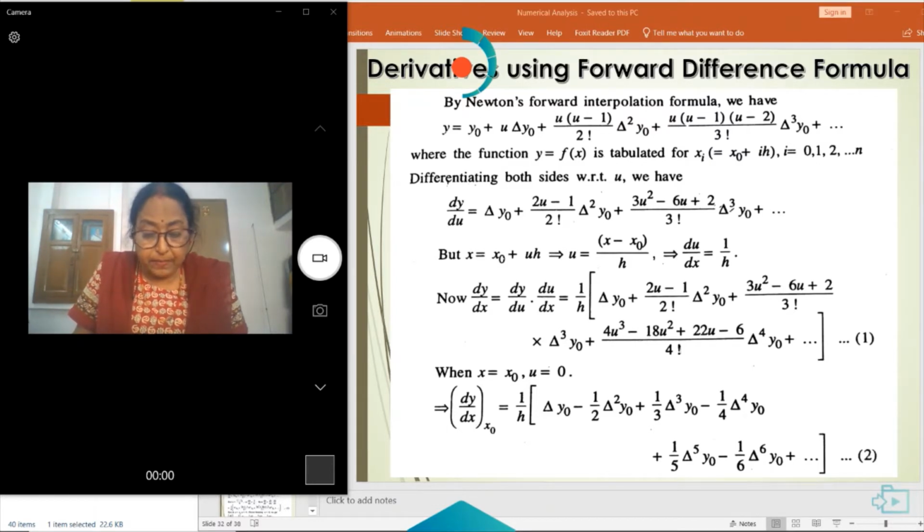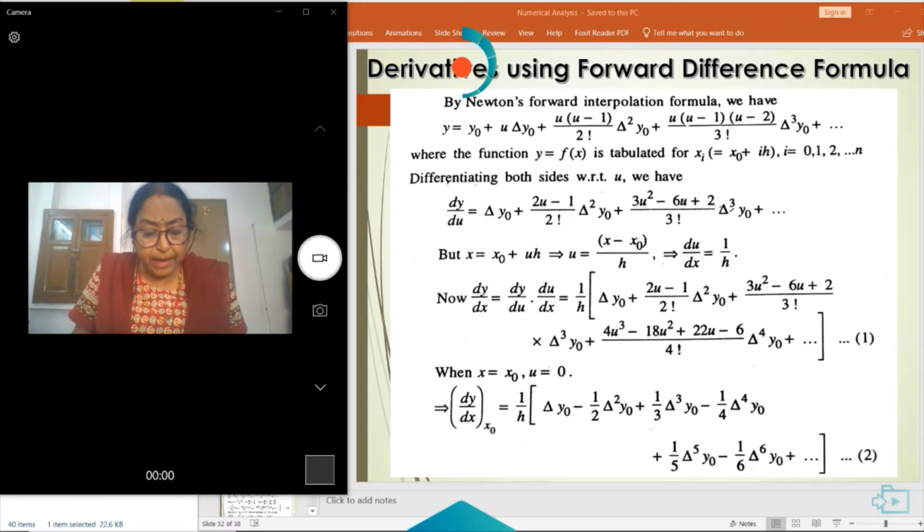Now, x is equal to x0 plus uh, where u is equal to x minus x0 divided by h, where x0 is the first value of the variable and h is the interval, and x is the value we have to calculate.